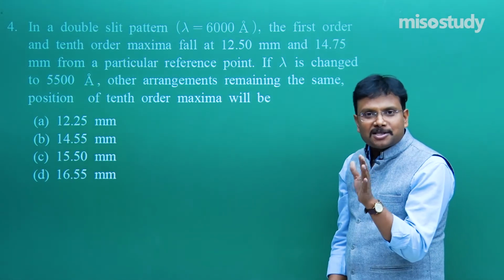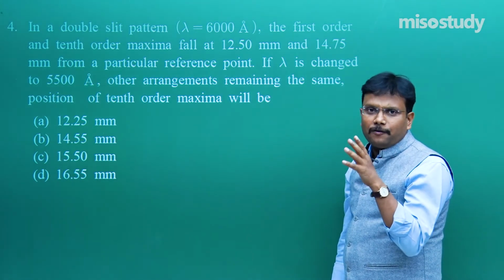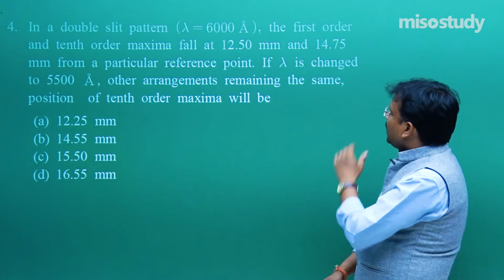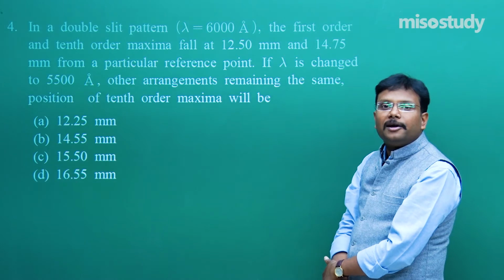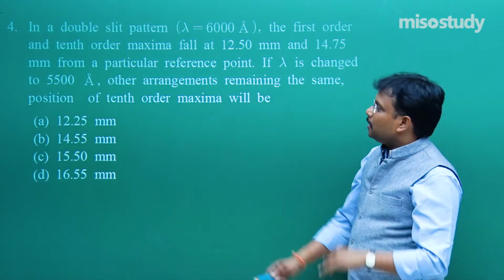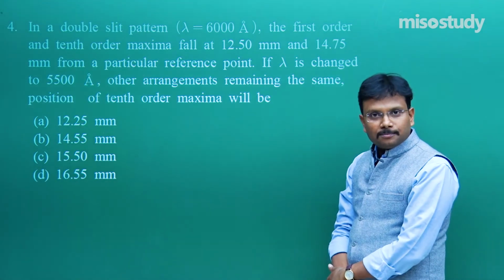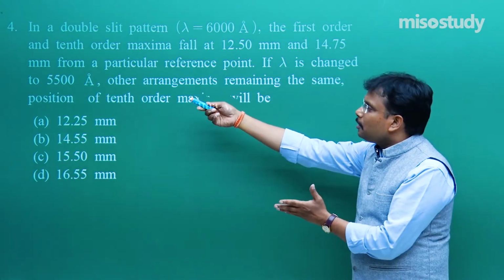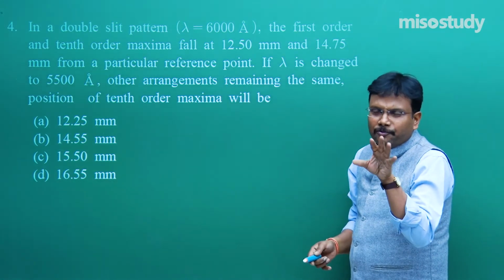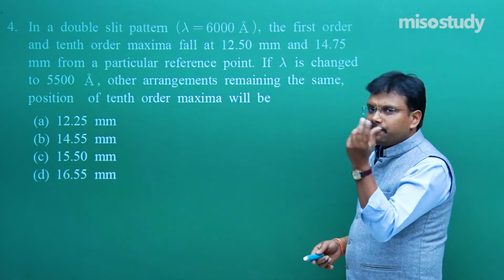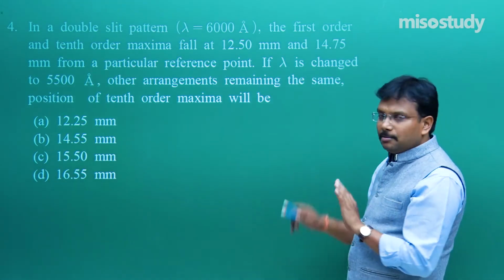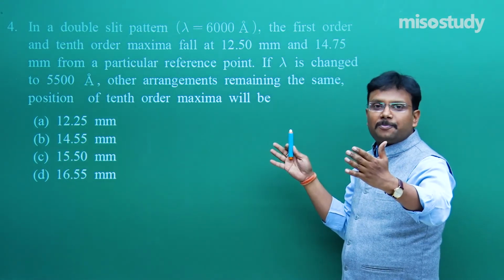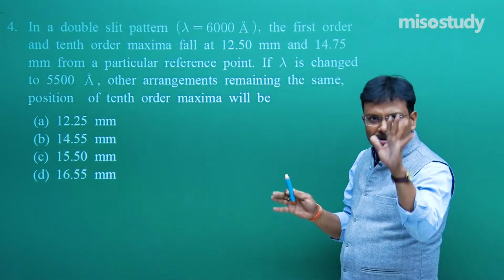So, up to some extent things are clear, somewhere we are trying to find out interference pattern. If lambda is changed to 5500 angstrom, again change in wavelength, but not sharp change, a very minute change of just 500 angstrom. Other arrangements remaining same, means slit spacing, screen spacing, everything same.